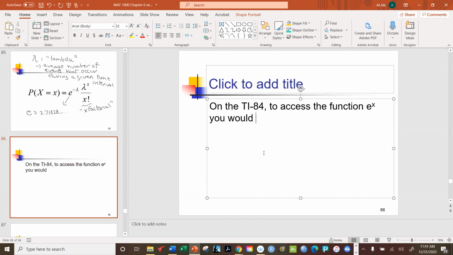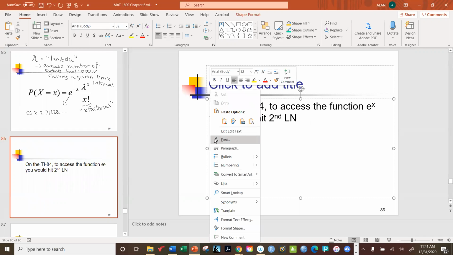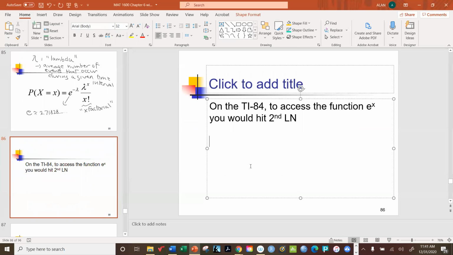You would hit second, followed by the button that's labeled ln. So in other words, if you wanted to know what e is, e is determined as e to the first power.